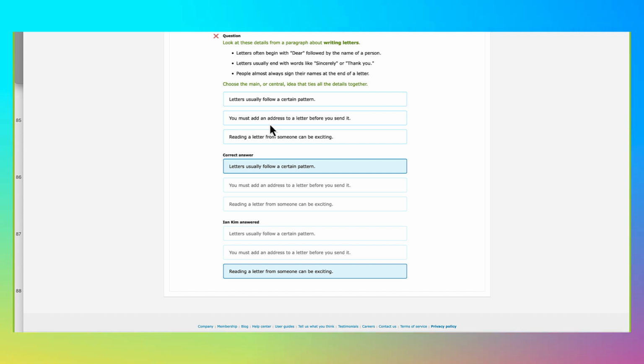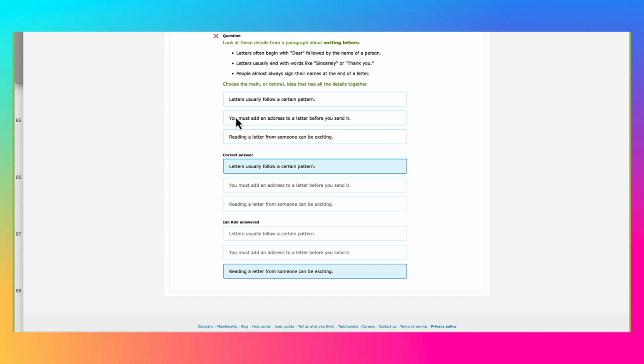You must add an address to a letter before you send it. Okay, that's not included in any of the details, and we have to look for something more general and central. This one sentence should encompass all these details. Because you come up with another topic about how you should add the address, or another bullet point, that should not be it.